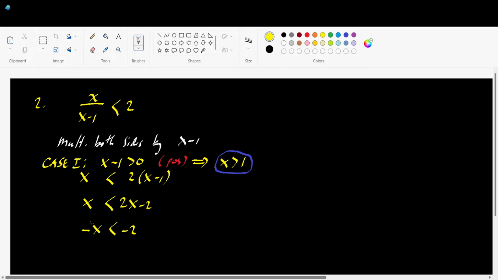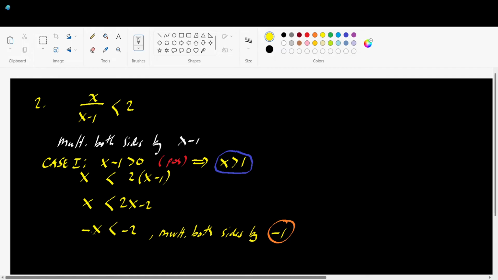Now, how do I get rid of the negative? We have negative x. I want it to become positive x. So I'm going to multiply both sides by negative 1. But when multiplying by negative 1, we need to change the inequality.